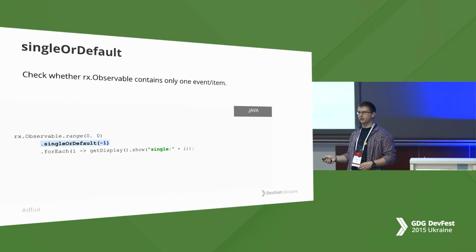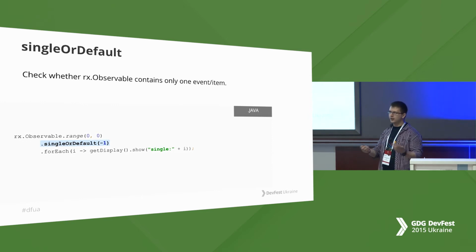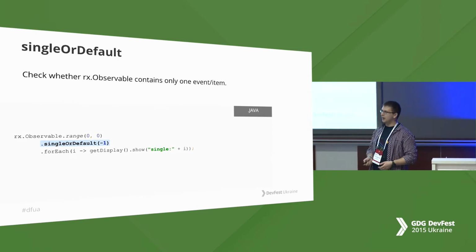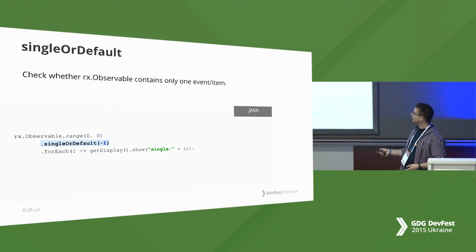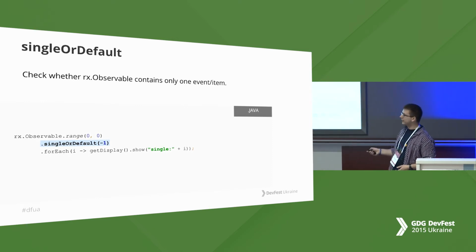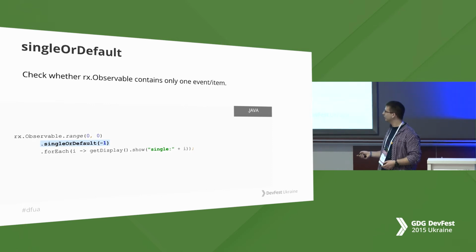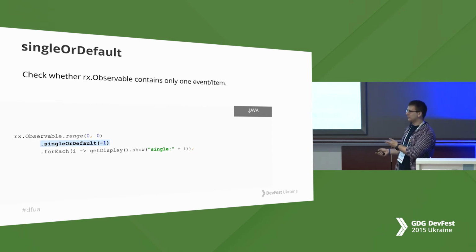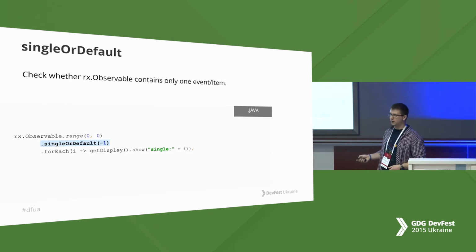Range is a great operator that gives us the ability to create a range from 0 to 0 or from 0 to 10, for example. It gives us the answer to the question, is there a single value? For example, from 0 to 0 should be a single value. From 0 to 10, not. I think it will return -1.